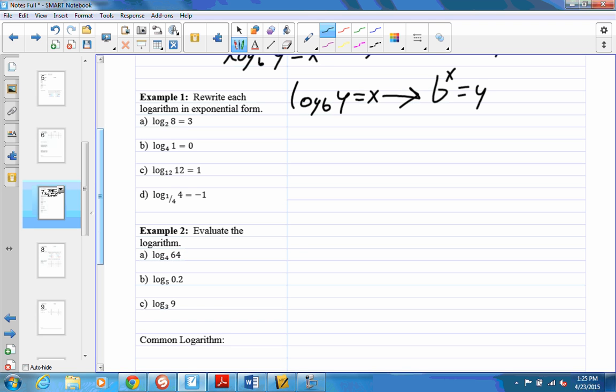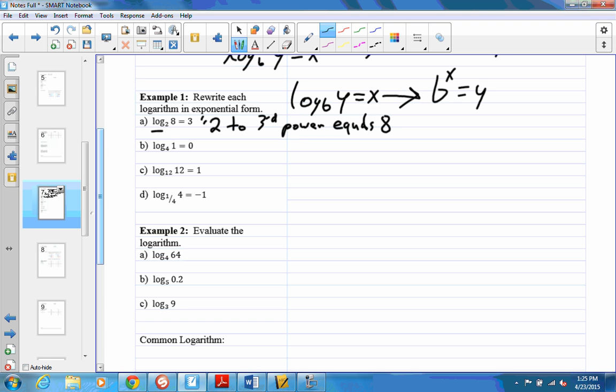So what the function log means, it's actually asking me to raise to the third power. 2 to the third power, or 2 cubed, equals 8.